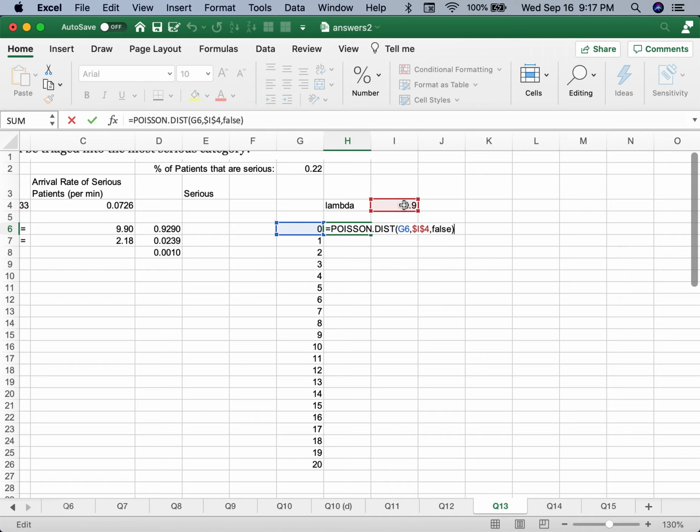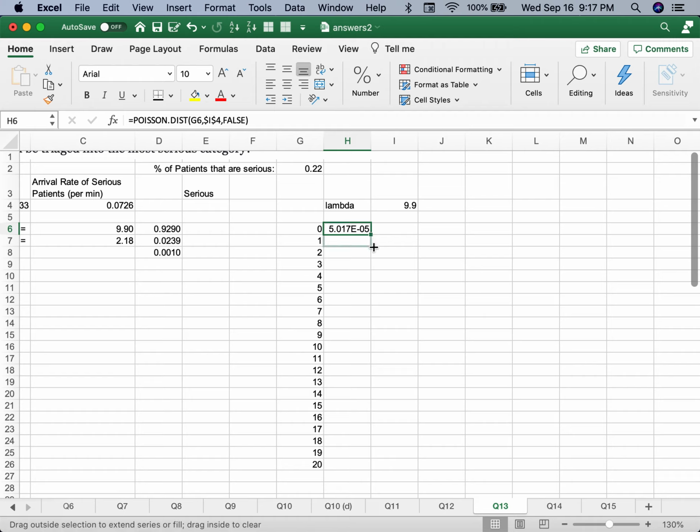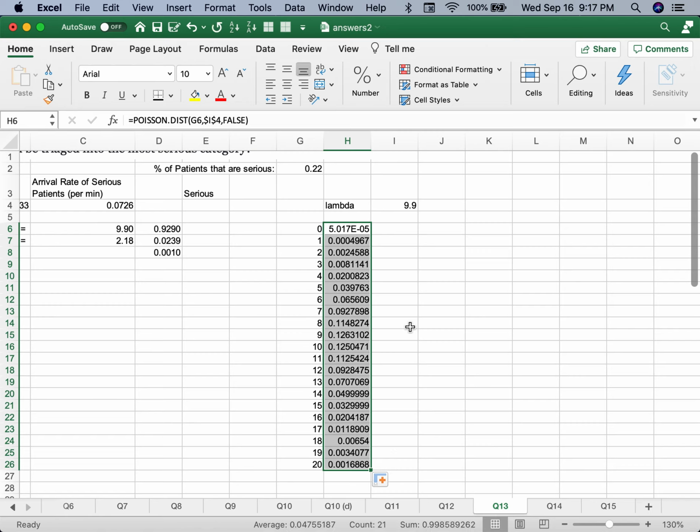I just want the individual point, not the cumulative. So you can see it's a very small number. If we average 1 every 3 minutes, the probability that we'll get 0 is very small. I can copy that down and get the numbers.